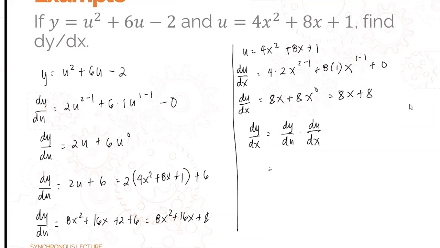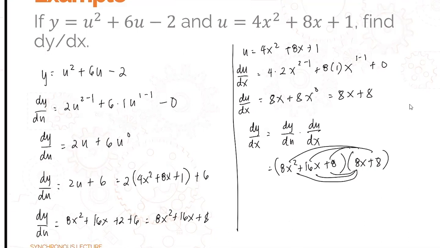So, substitute natin yung value. So, we have 8x squared plus 16x plus 8. Tapos multiply daw natin sa 8x plus 8. So, mangyayari, distribute lang natin. No? Kasi ito, distribute lang ito dito. Okay? So, dy over dx natin will be 64x cubed plus 8 times 16, so we have 128x squared plus 64x plus 64x squared plus 128x plus 64.